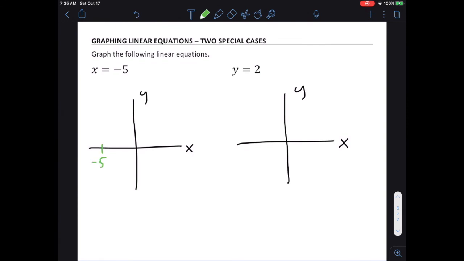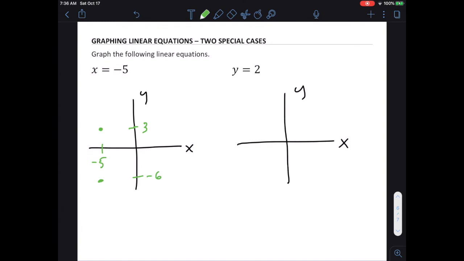And so then, if I pick, let's say I pick y is 3, well, I know I'm going to be at x = -5 here. Well, let's say I pick y is -6. I know I'm going to be at x is equal to -5 because it's telling me that x is equal to -5. And it doesn't matter what y value I plug in here. x is always equal to -5.